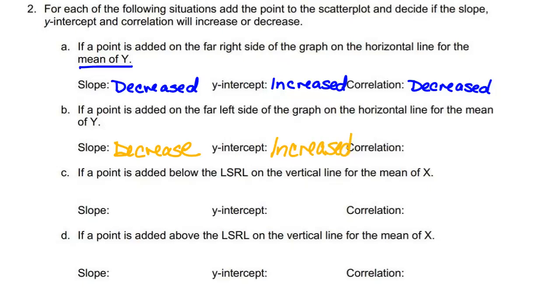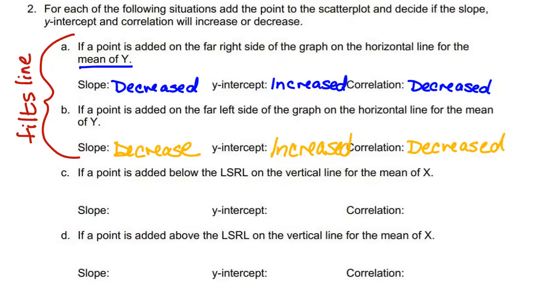My overall correlation? Decreased. These guys right here all tilted the line. My least squares regression line.